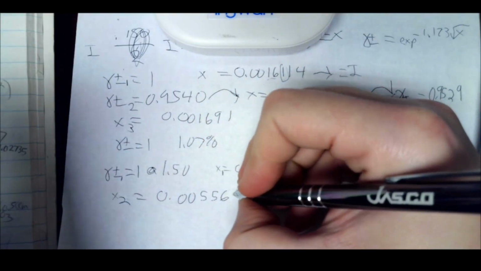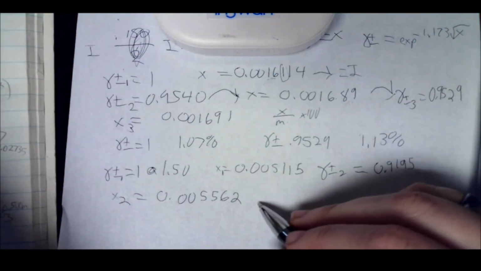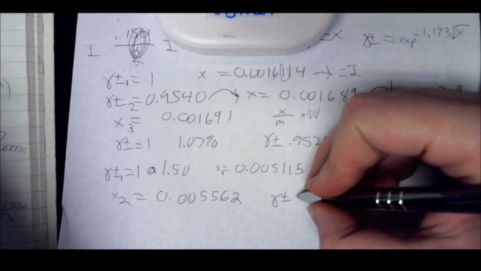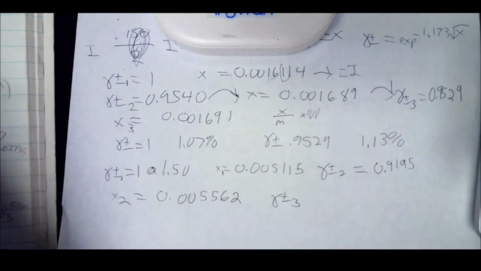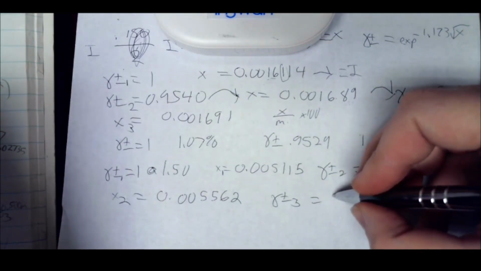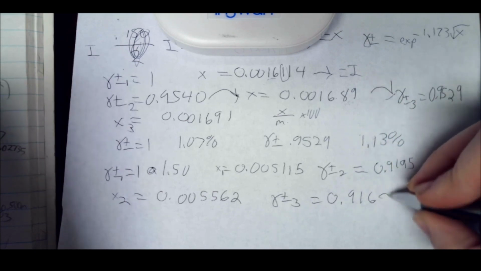Well, let's say 62. So that's definitely big enough change. So how does that change our gamma for the third iteration? Now gamma, the third iteration, is 0.9162.